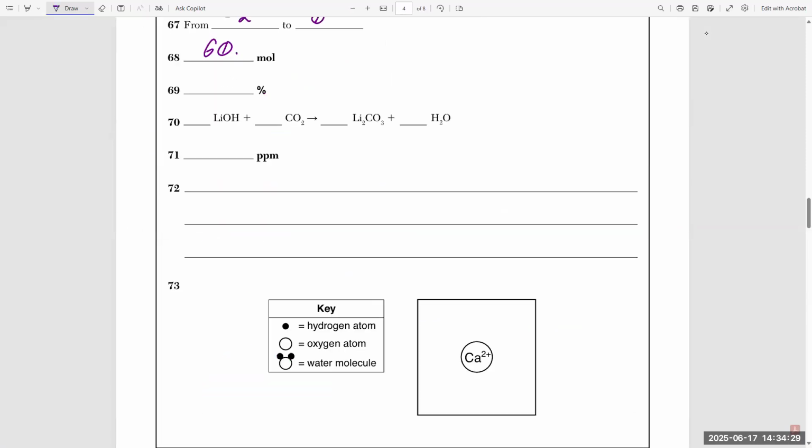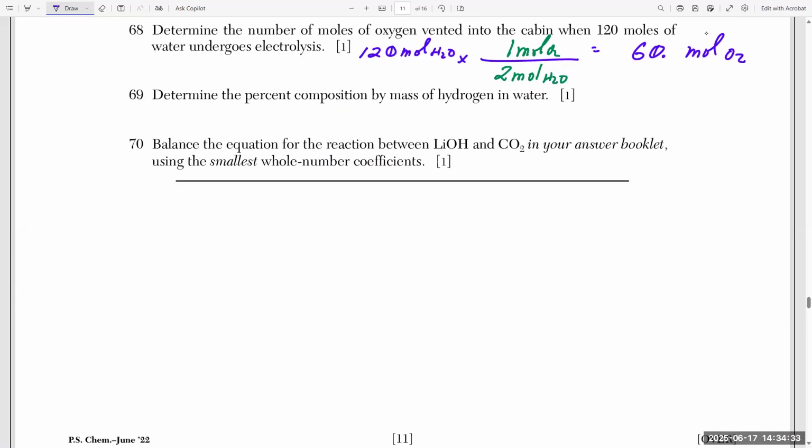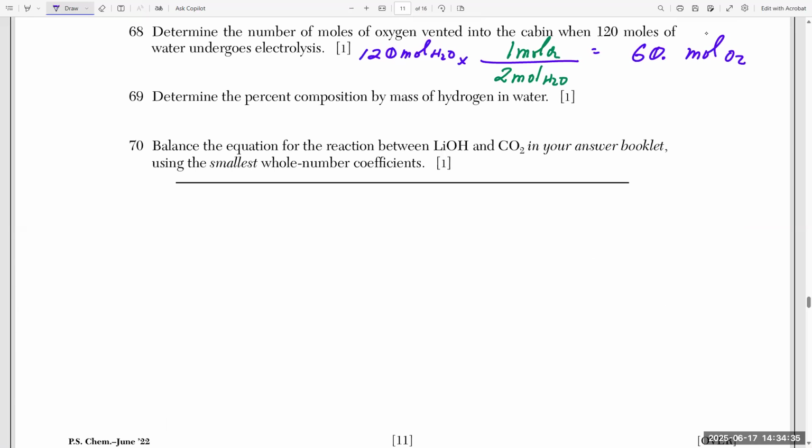Let's go to 69. Determine the percent composition by mass of hydrogen in water. Come on, guys. That's easy, right? It's going to be mass of oxygen over mass of H2O times 100. What's mass of oxygen?